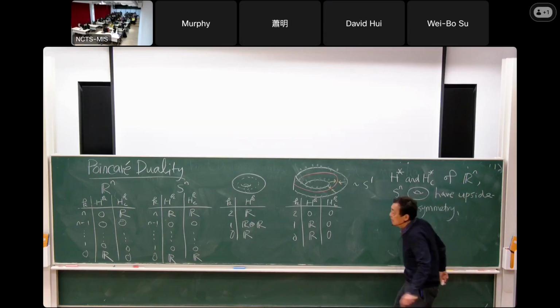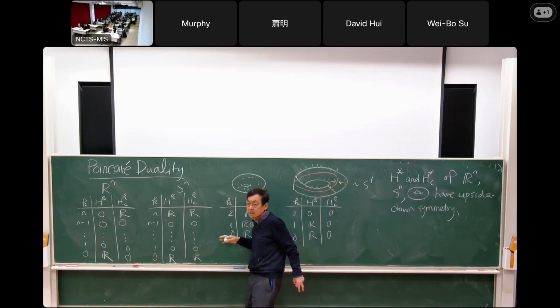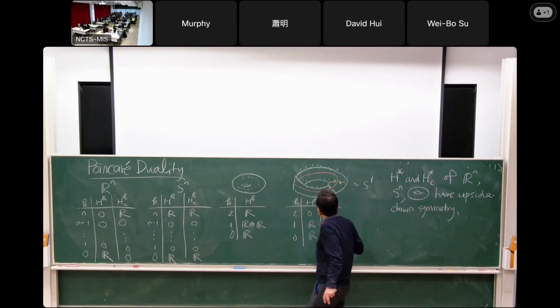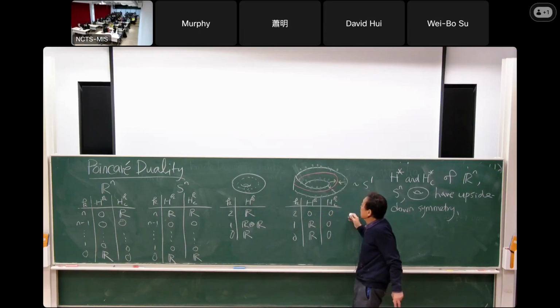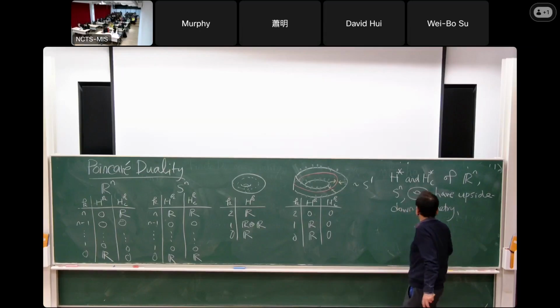If you turn one column upside down, you get the other column. But it's not true for the open Möbius strip.